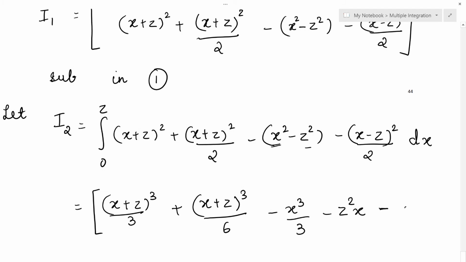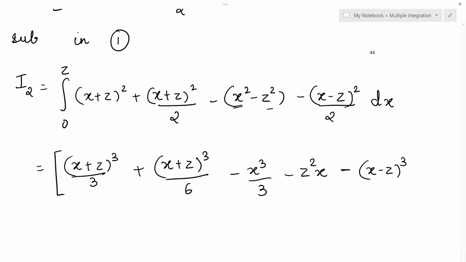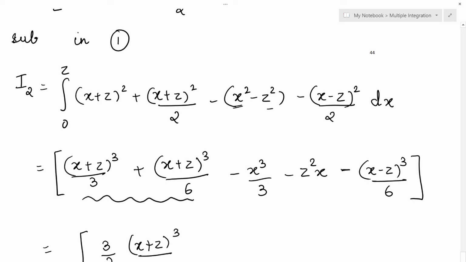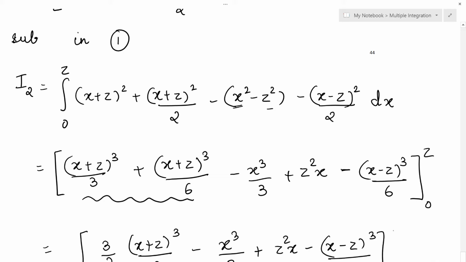And again this will be x minus z the whole cube by 6. So this will be my integration, right? I can add these two. If I add these two, I will get 3 by 2 x plus z the whole cube by 3, minus x cube by 3. Sorry, this will be minus minus plus z square x, and minus x minus z the whole cube by 6. The limits of integration are 0 to z.